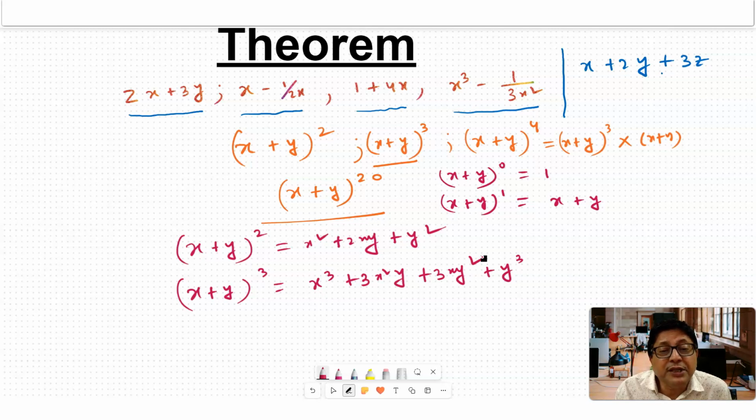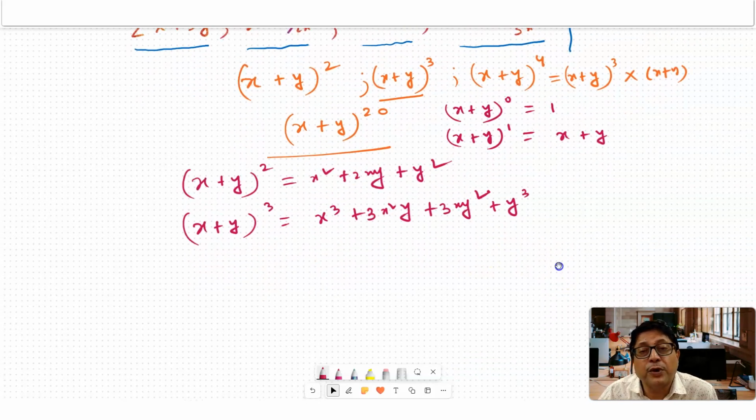Here you got 1, 2 and 1. Here you got 4. So indices increasing, number of terms after expansion also increasing. If it was 0, it is 1. If it is 1, then it is 2. If it is 2, the number of terms in the expansion is 3. If it is 3, then it will be 4.